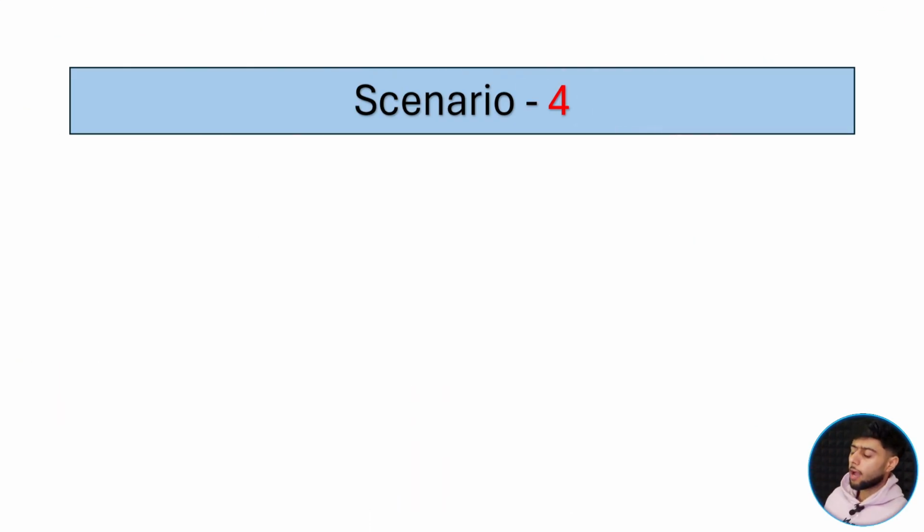So we have scenario 4, and this again is directly linked to the previous scenario, but it will just test your intellect. I have put this scenario so that you can also practice, and I will also show you, don't worry.